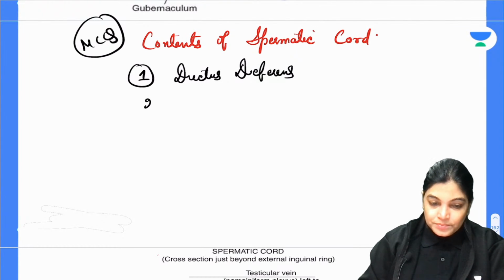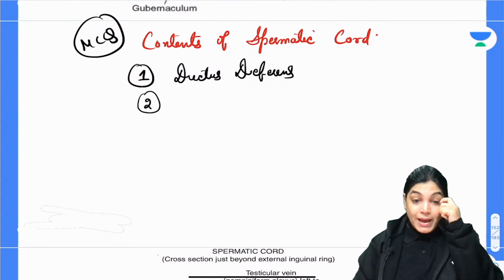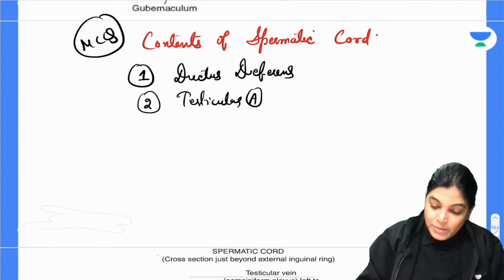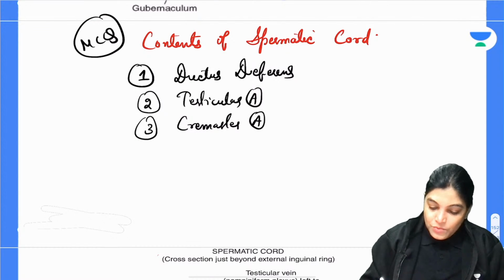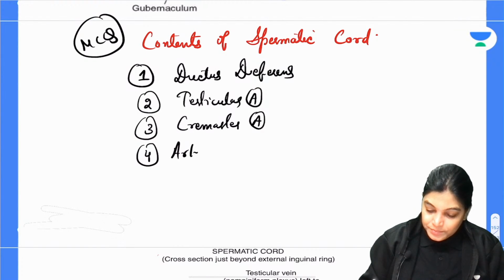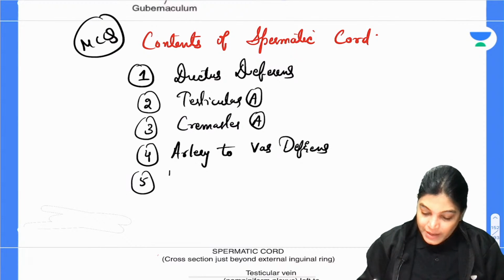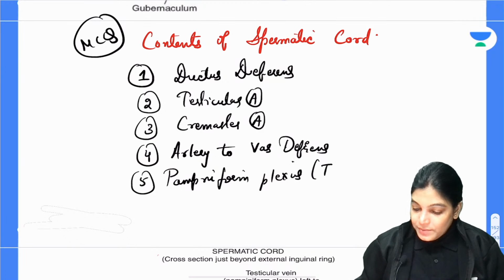We have got here arteries. Okay, arteries are also there. We have got cremaster, we have got testicular arteries. We have got cremaster artery. We have got artery to vas deferens. Other than that, we have got testicular vein, that is pampiniform plexus of veins, that is of testicular vein.